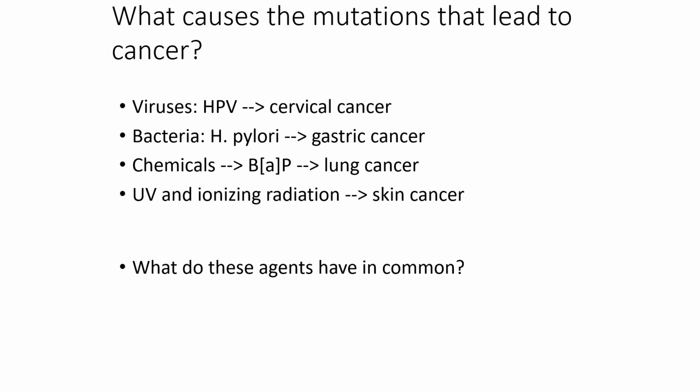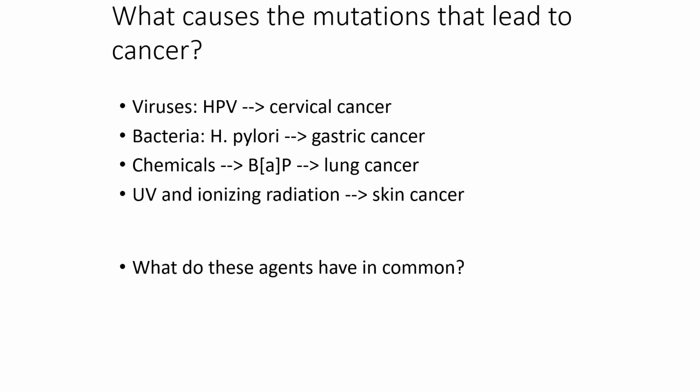What is the catalyst for a cancer to occur? We have over 100 different types of cancers, and we have many different catalysts or starting points for each cancer. Some of those being viruses, such as HPV for cervical cancer, bacteria like H. pylori for gastric cancer, and chemicals for lung cancer.